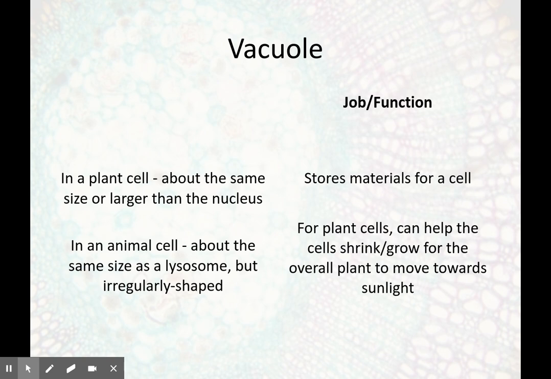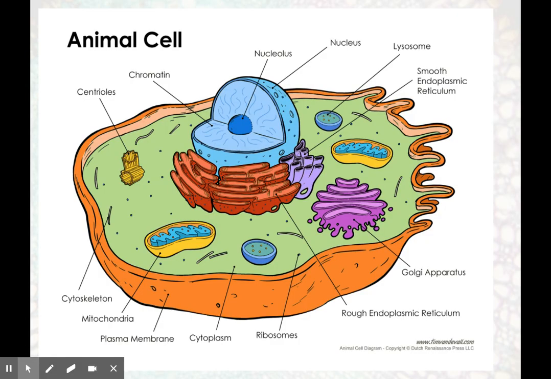It's kind of like a closet or a cellar for a cell. For plant cells, a vacuole can actually grow and shrink, and that can actually change the shape of the cell. It can actually help plants kind of like bend towards sunlight. All right. So in this diagram, there are no vacuoles.